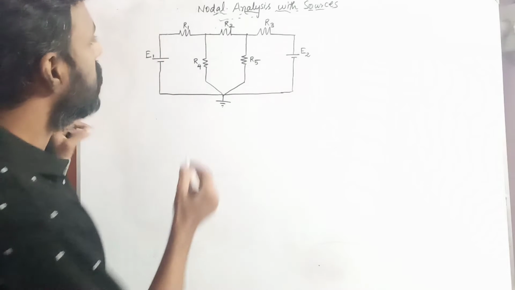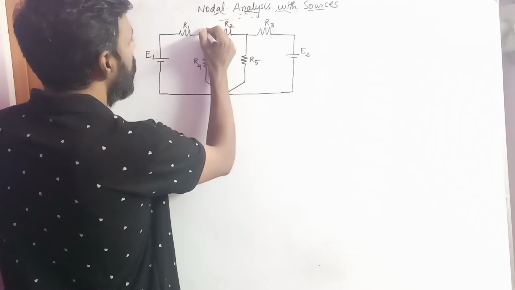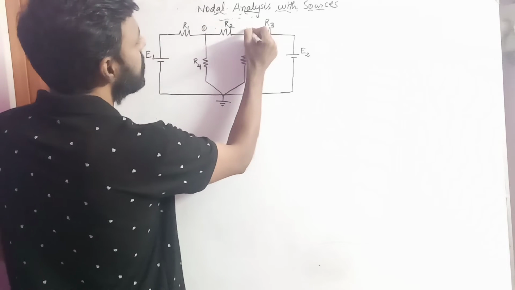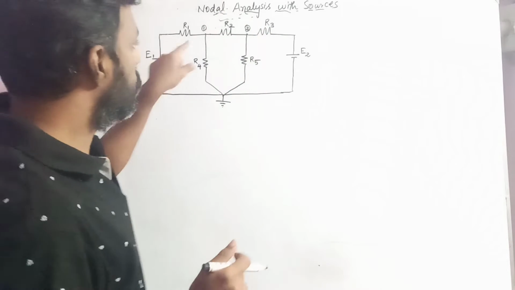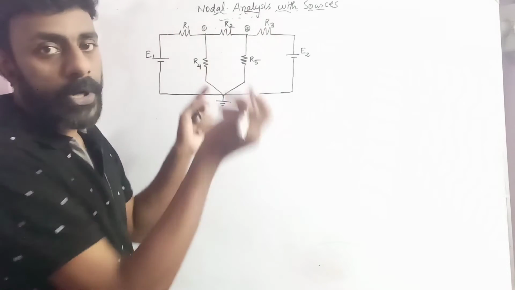So now this point is considered a node. Let us assume that this point is point number 1 and this is point number 2, junction 1 and junction 2. Only for junctions 1 and 2, I am naming them point 1 and point 2.